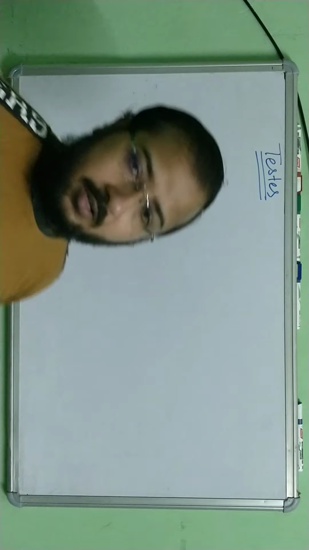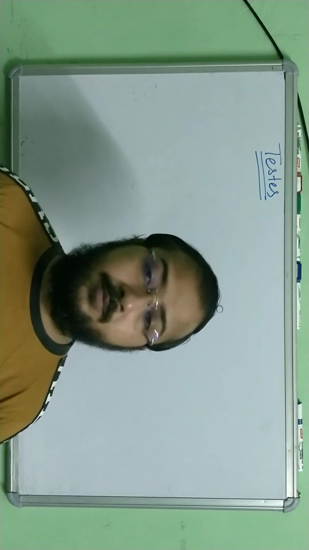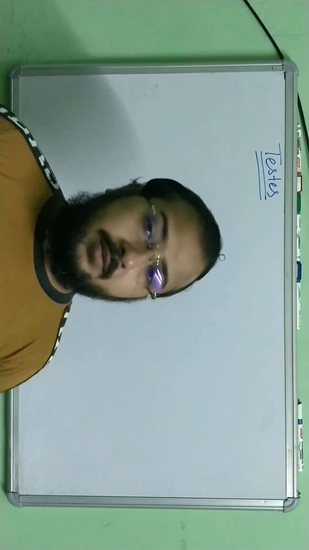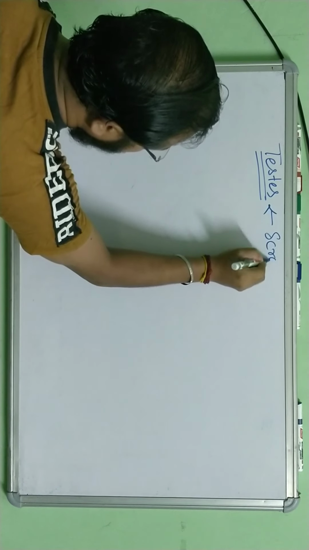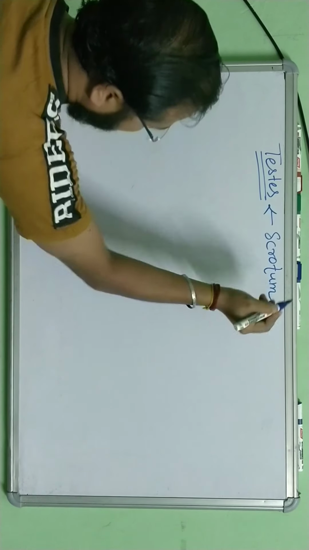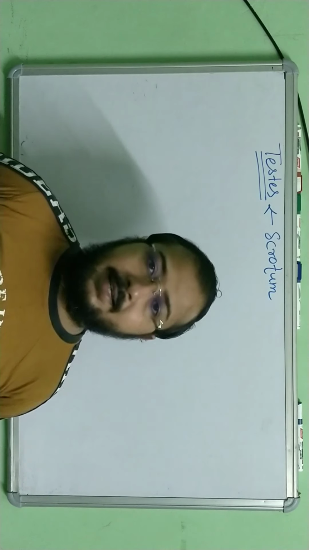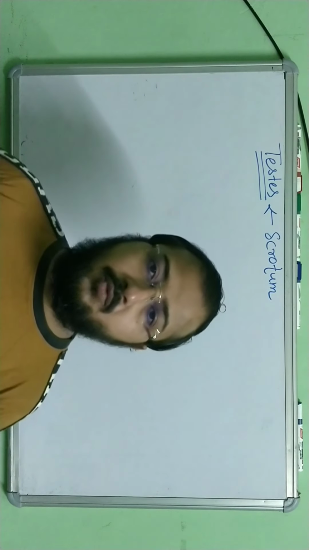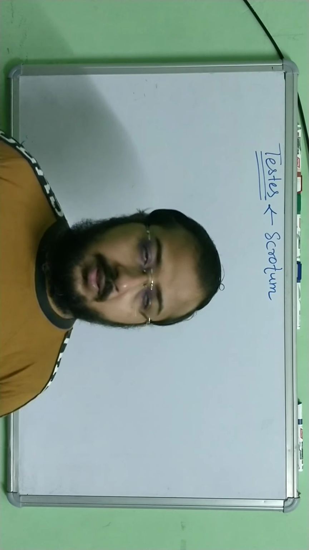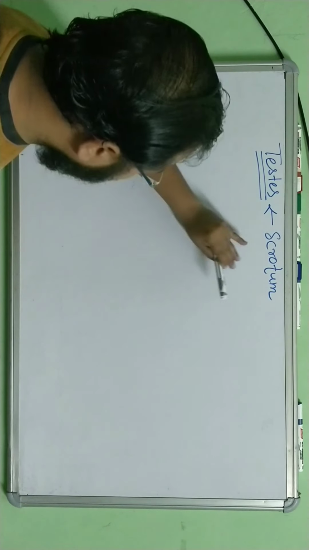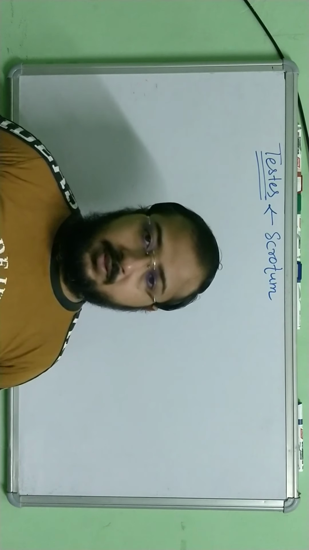Testes. Before getting inside the anatomy of the testes, the first term that comes is the scrotum. Scrotum is a sac-like or bag-like structure within which the pair of testes are found.